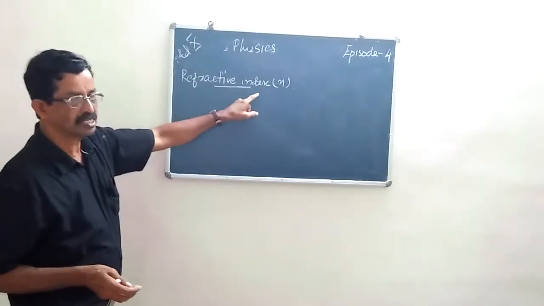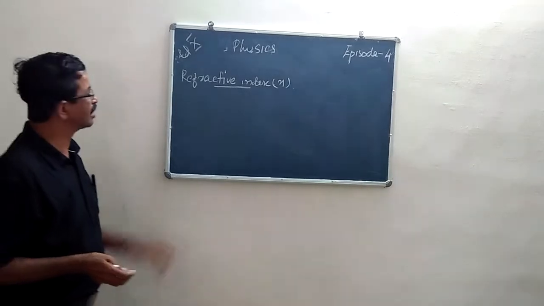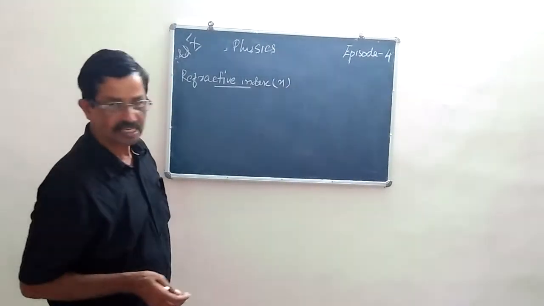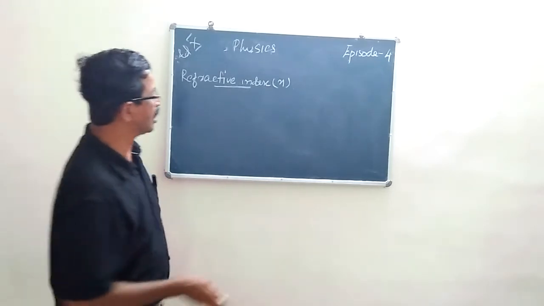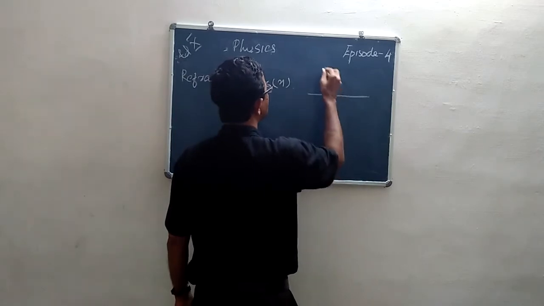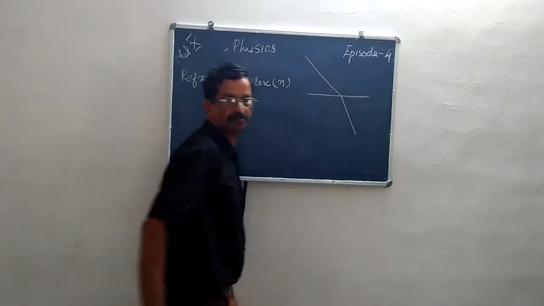Refractive index, or n. We know that when light travels from one transparent medium to another, it deviates.